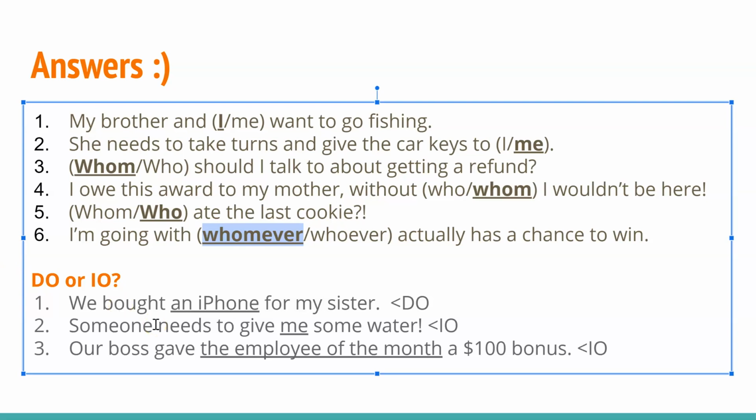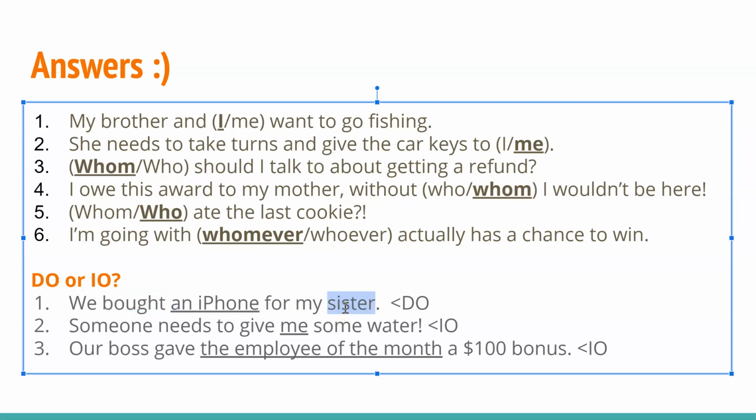In the last practice, let's talk about direct versus indirect object. We, subject, bought. Now, here's what's really important. If you're ever looking at a sentence and you can't figure out whether it's a direct or indirect object, don't just look at location in the sentence. Think about meaning and what actually makes sense.